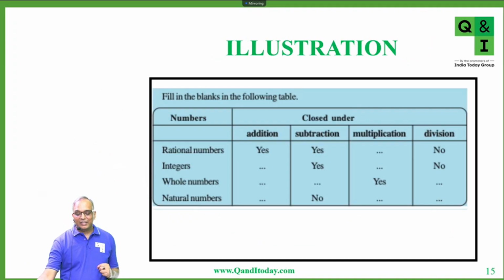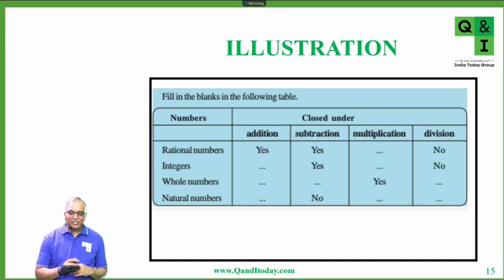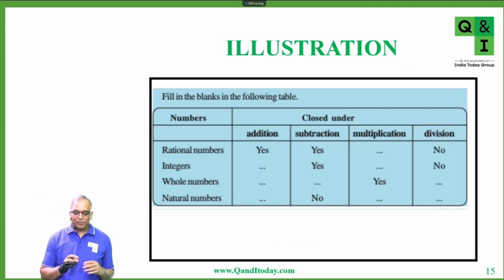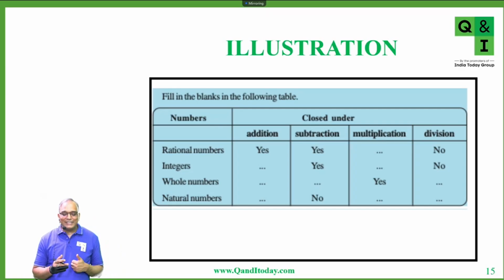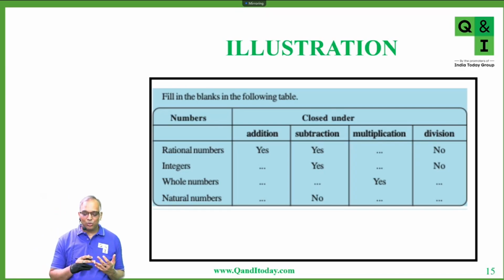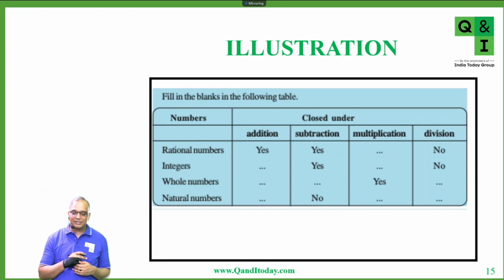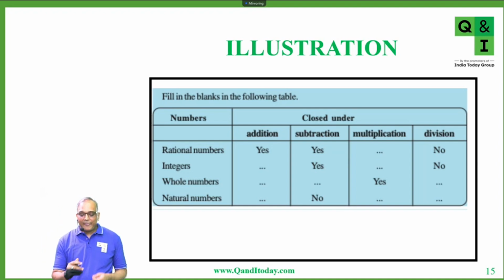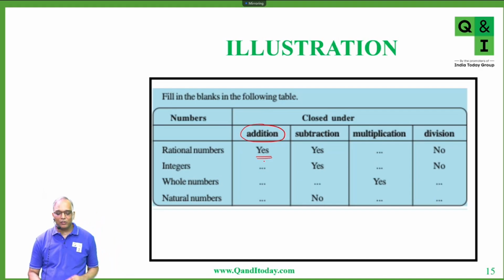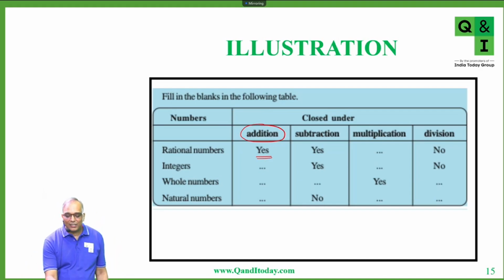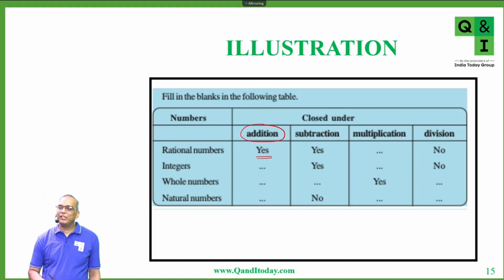Good. Now, we'll just revisit the closure property. For all these numbers, for example, natural numbers, whole numbers, integers, and rational numbers, we say that rational numbers are closed under addition. Yeah, because when you add two rational numbers, you will always get a rational number. Is it closed for integers also? When you add two integers, do you always get integers?